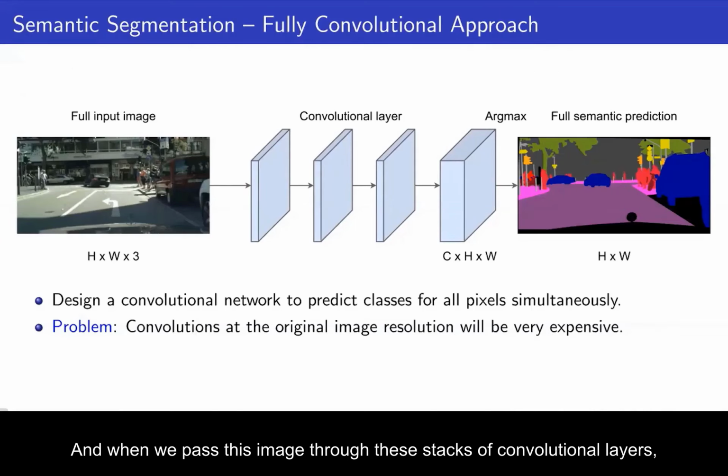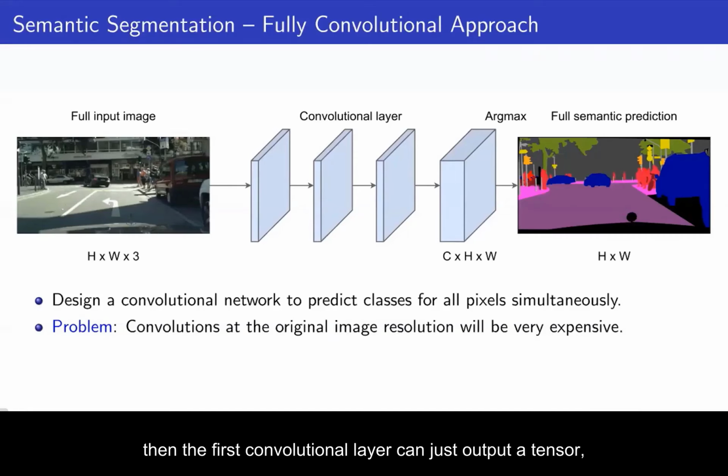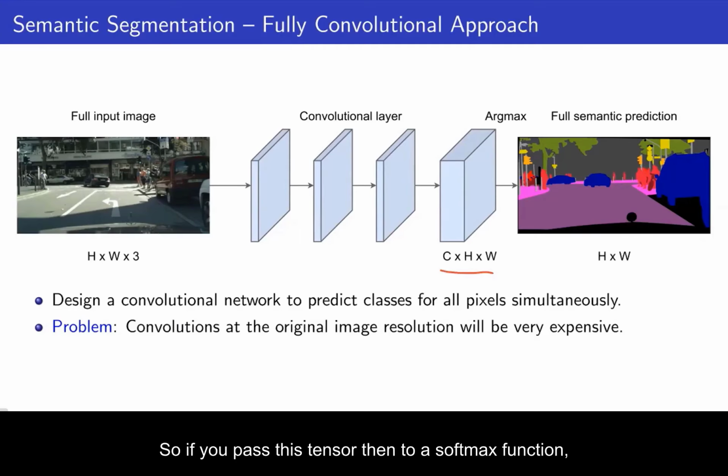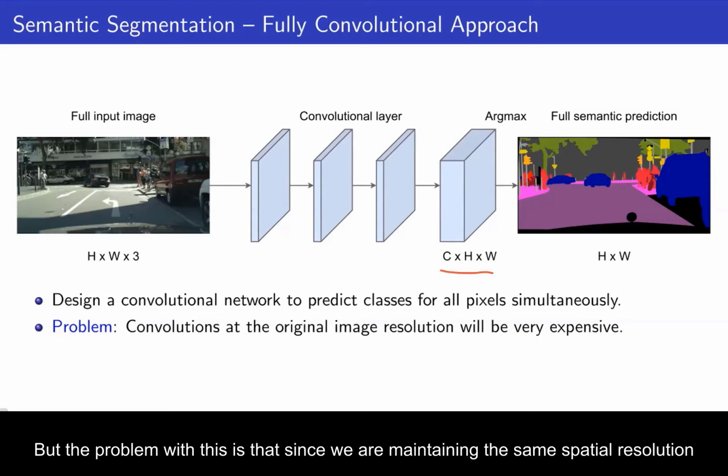When we pass this image through these stacks of convolutional layers, the last convolutional layer can output a tensor of volume C times H times W, where C denotes the number of semantic classes in this data set. If you then pass this tensor to a softmax function, you get a probability for each class C for each pixel in this image. And you can then train this with regular backpropagation.